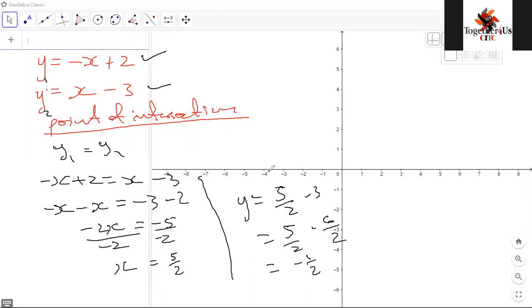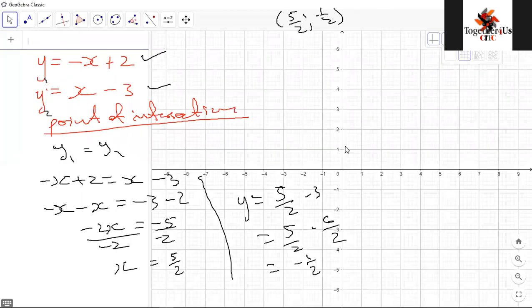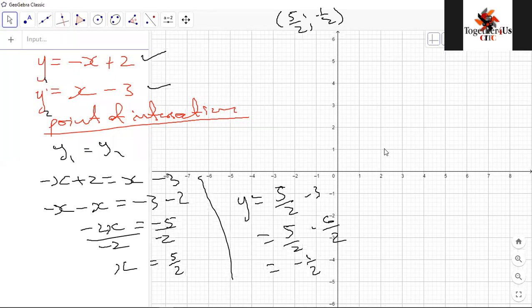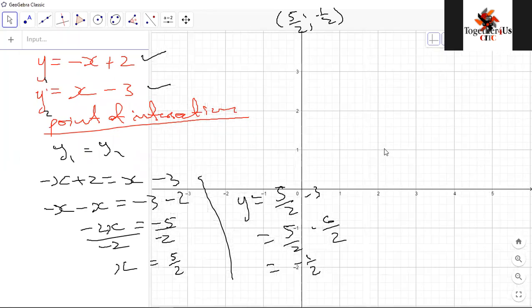Now, let us see if this is the case. I know that the point of intersection is 5 over 2 and a negative half. 5 over 2, I hope you can see that in decimal form, it is actually 2.5. So let's go for this. I just want to put up my grid so that I can actually have decimals in this Cartesian plane.